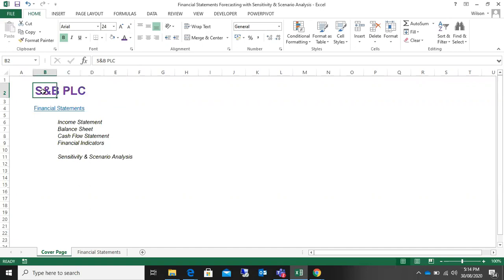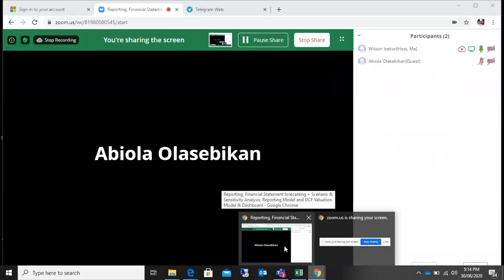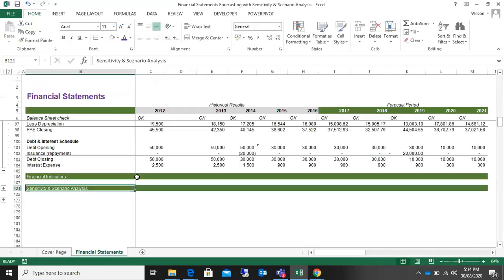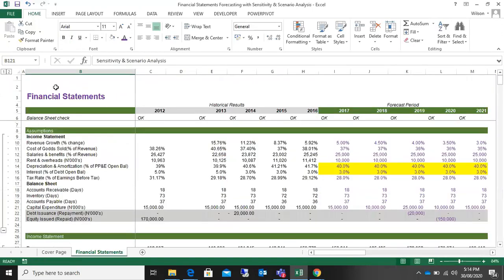Now, if you want to design a robust template, not just for S&B PLC, but a template that can be used by any company for modeling or whatever, you can actually call this company name. It will not be S&B. So what you would do is you can come here and say equals.